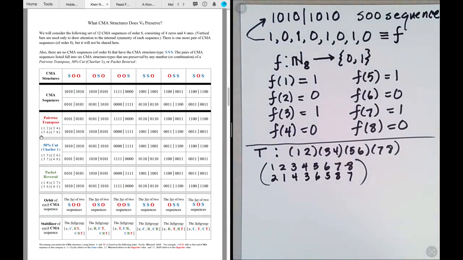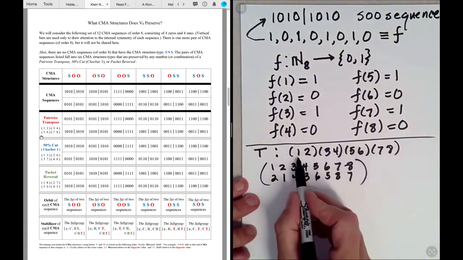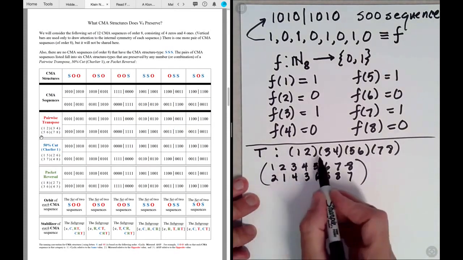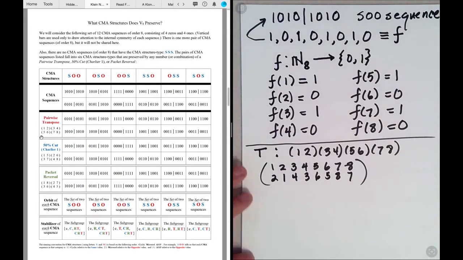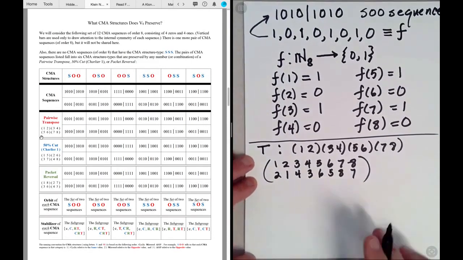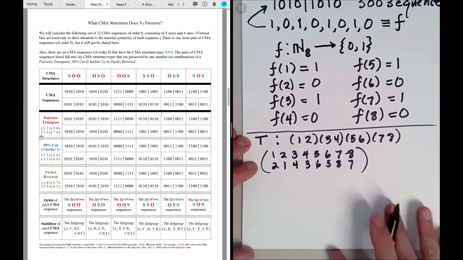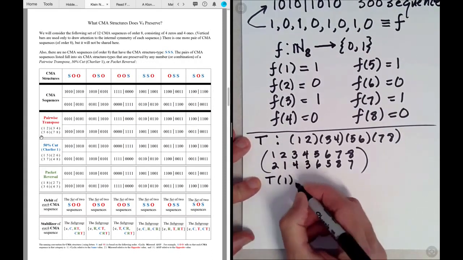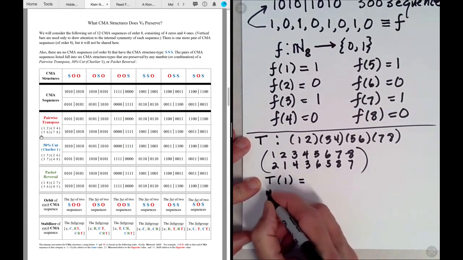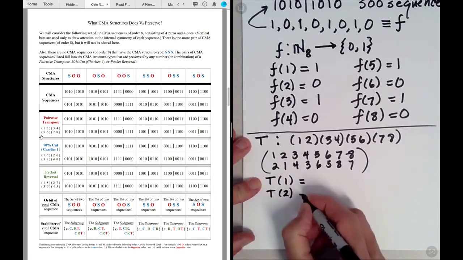That's what you would get if you physically carried out the pairwise transpose. And that's what's happening here. 1 goes to 2, 2 goes to 1, 3 to 4, 4 to 3, and so forth. Okay, well, what that might allow us to do that could be helpful for some people is to just write out now what it does to each one of its inputs.